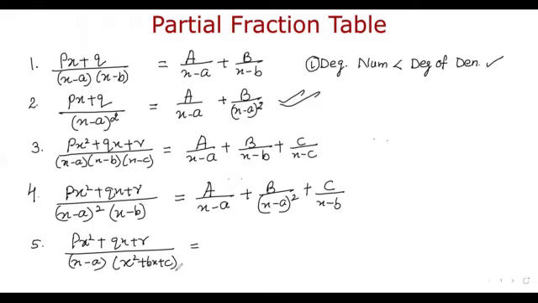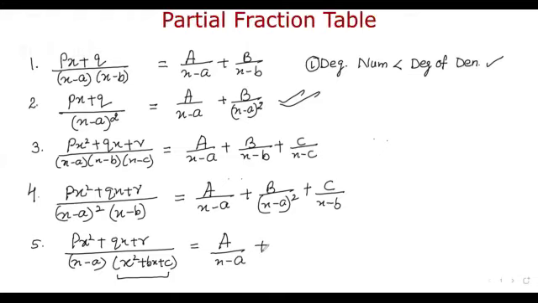For such a situation, the rule is, this is same, A upon x − a, but for this, it is a quadratic equation and I do not have factors for this. I cannot cut it into different factors. So what I will do, I will take the linear equation in numerator and then I will take this quadratic form in the denominator.